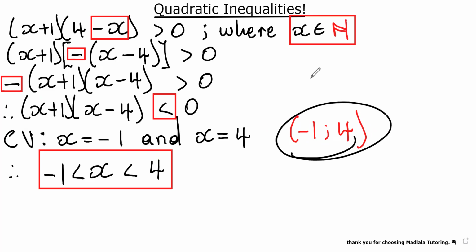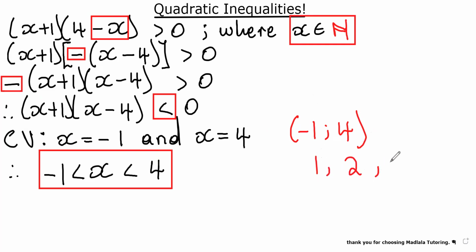So which natural numbers do we have in this interval? Well, 0 is not a natural number, 1 is a natural number, 2 is a natural number, and 3. But we don't include the 4, even though it's a natural number, because it's not included in the solution anyway.